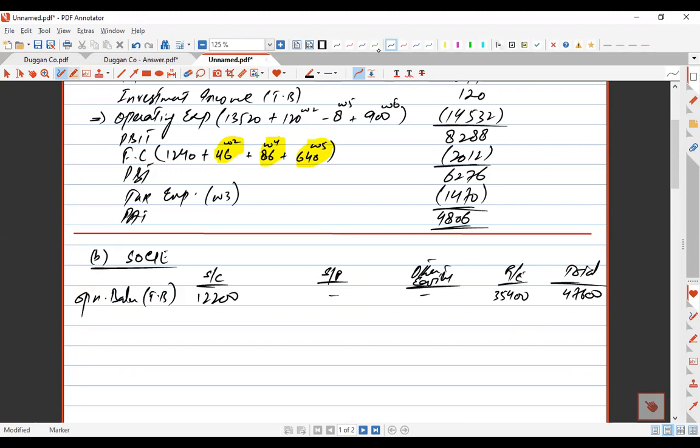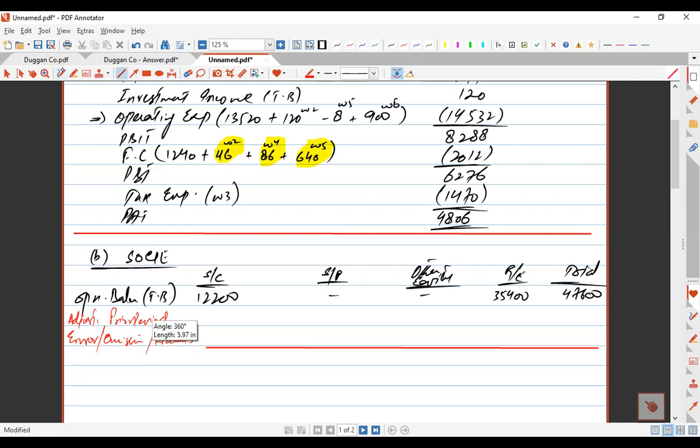Keep in mind, in the changes in equity after opening balance, we adjust prior period errors, omissions, or fraud adjustments. All the prior period adjustments are to be adjusted from the retained earning column. How?